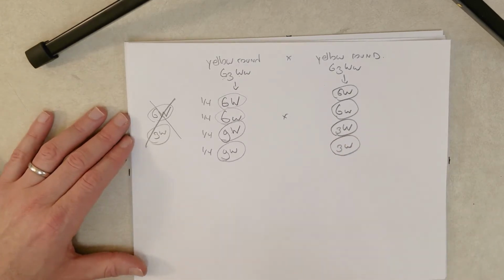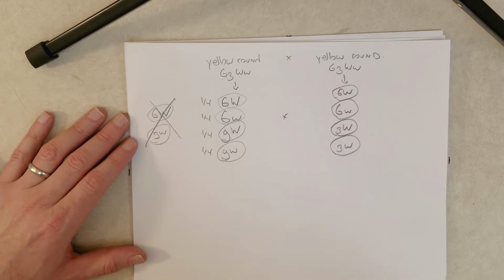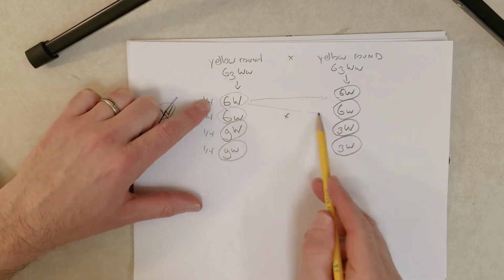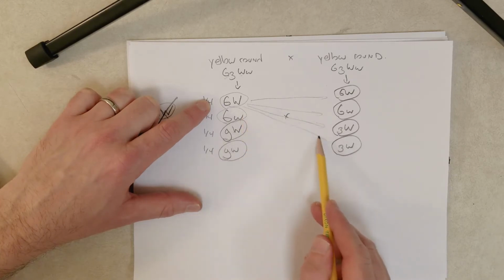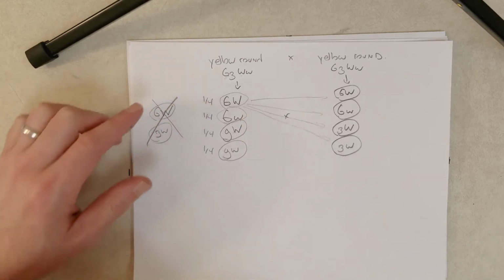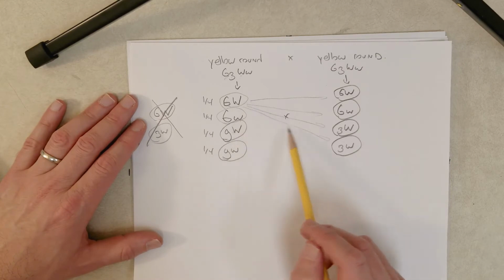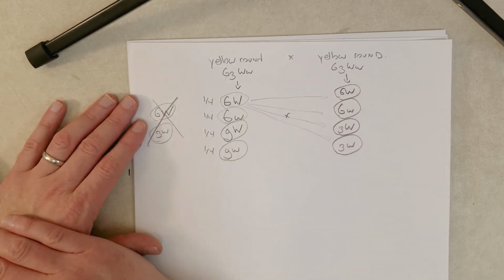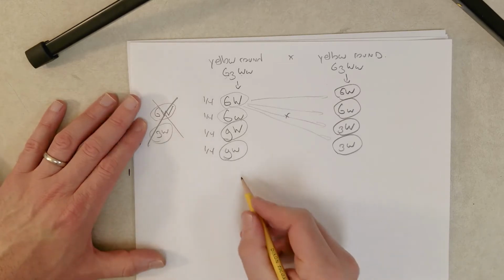Now, to get the F2 phenotypic and genotypic ratio, we just need to combine these in every possible way. You could do this by hand with paper and pencil, trying to keep track of everything, but the easiest thing to do is to use a Punnett Square.